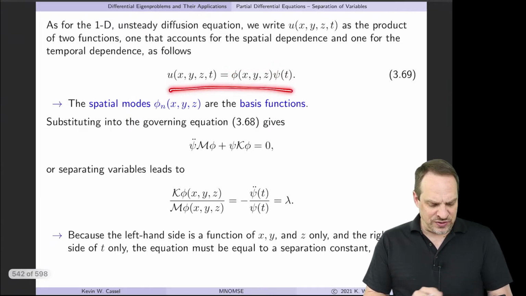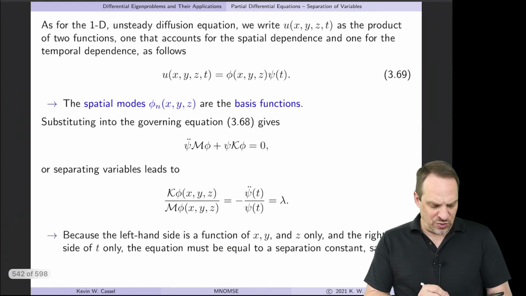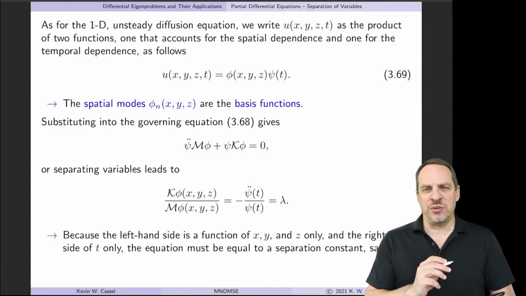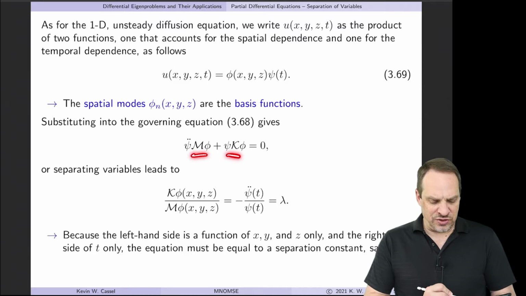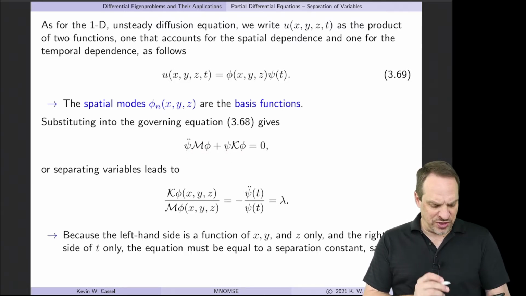So we substitute this into the general form of our hyperbolic PDE, and we have psi double dot times M operating on phi, plus psi times K operating on phi, is equal to 0. Again, remember that the M and K differential operators only have spatial derivatives in terms of x, y, and z, no time derivatives.